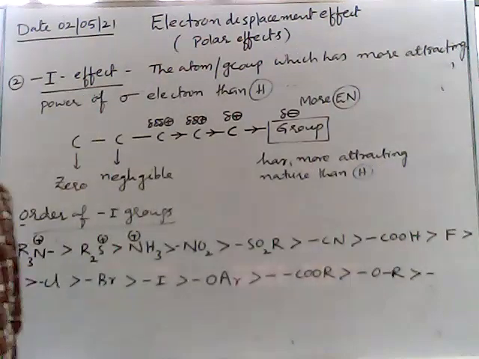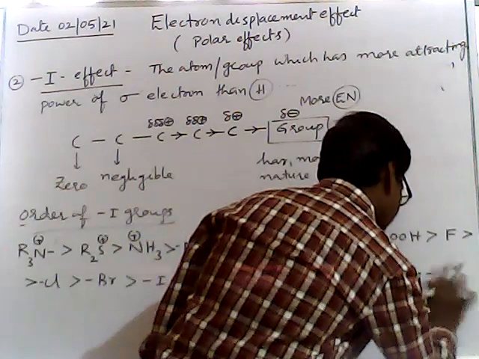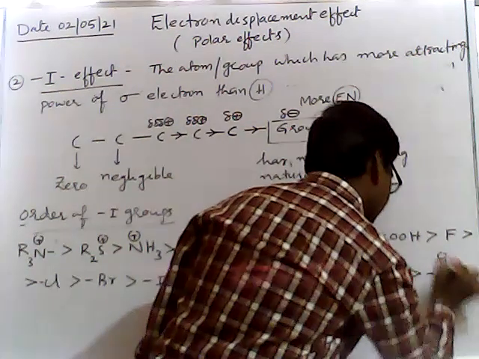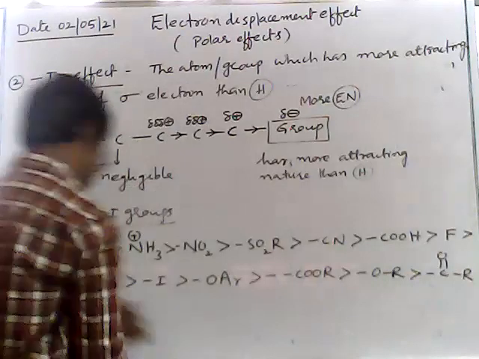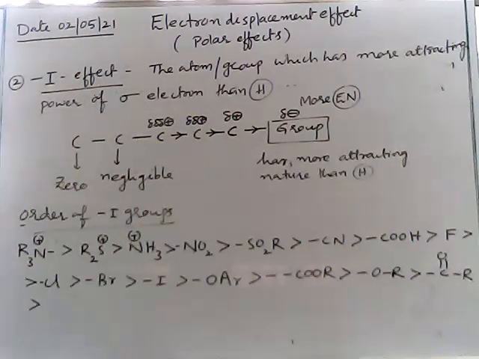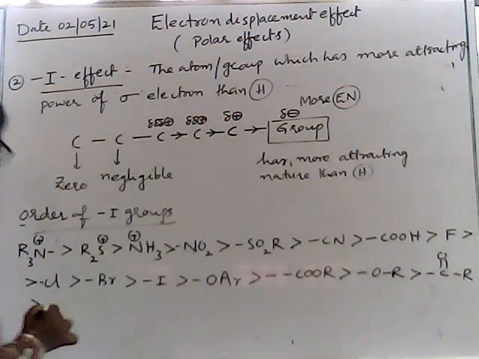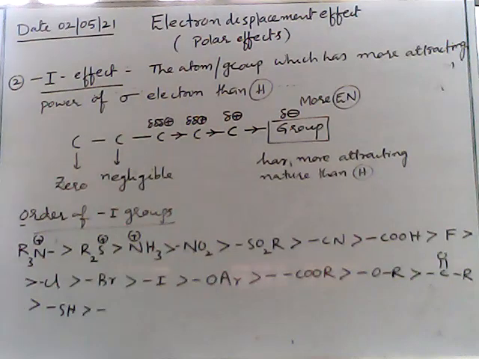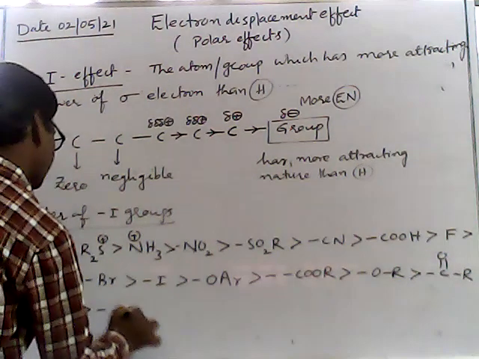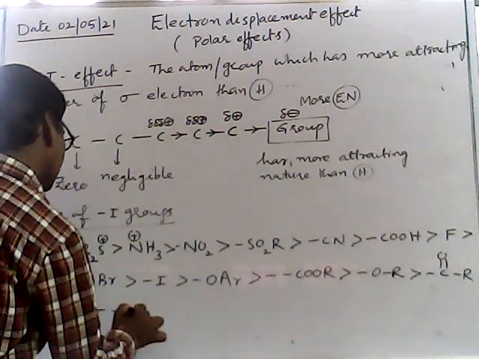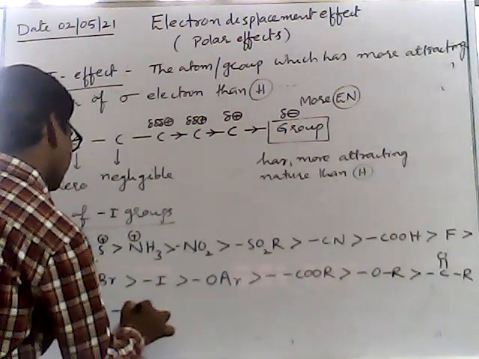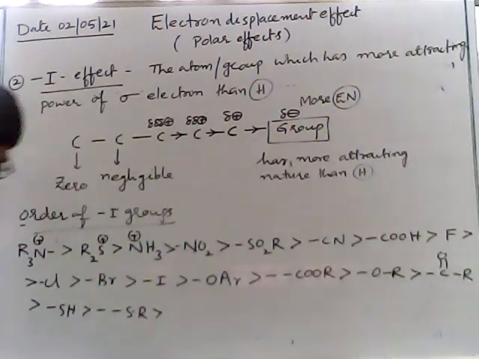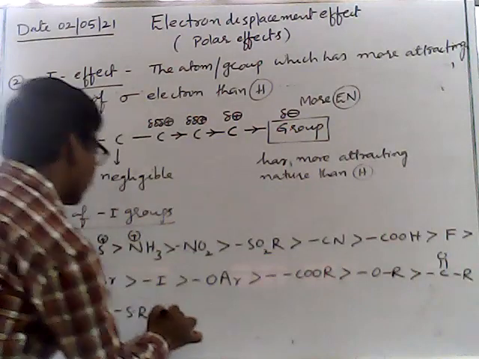After alkoxy we have keto type, C double bond O, here we can write R. Then thiol, SH. Then SR, alkyl ether it is. Then after SR we have the hydroxy group.